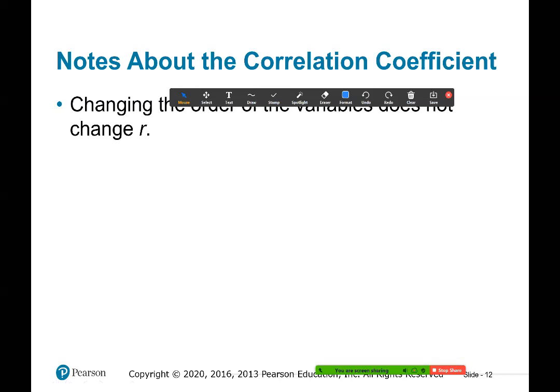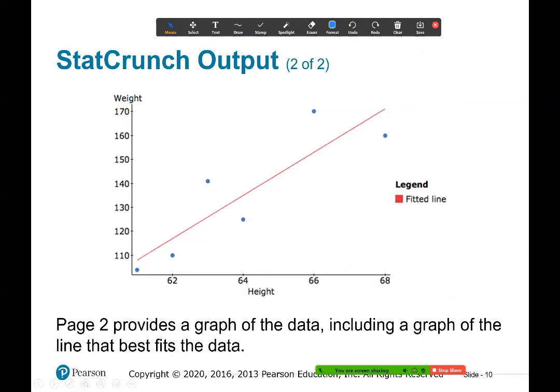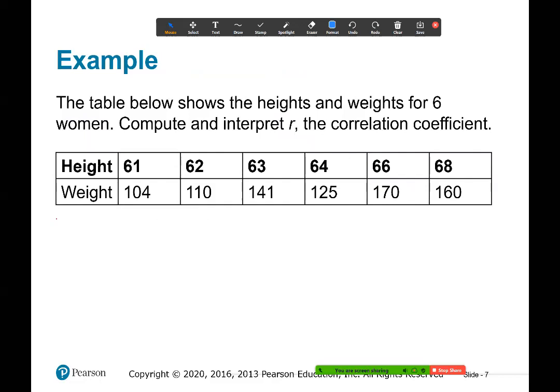A note about the correlation coefficient: changing the order of the variables does not change R. If I go back to the height and weight here, and instead of choosing height as X I choose height as Y and weight as X, then R is still the same.